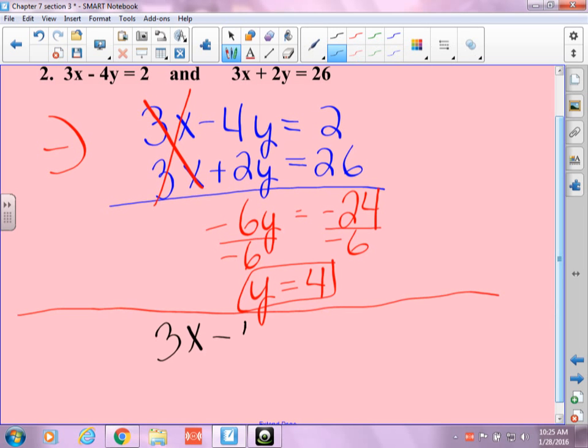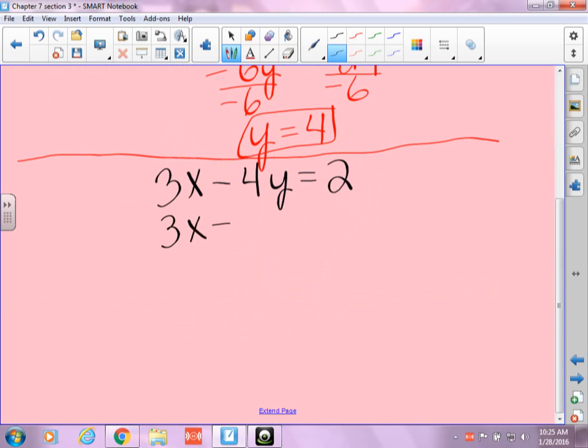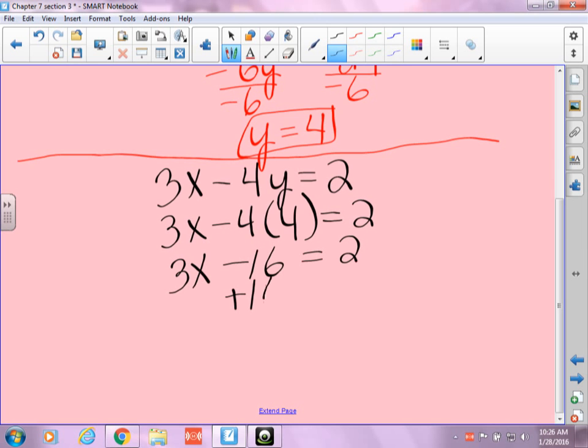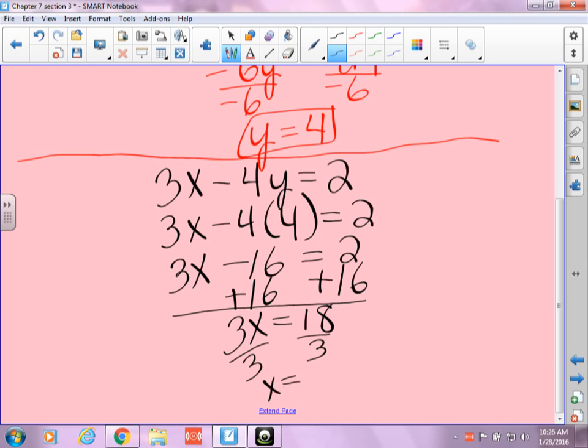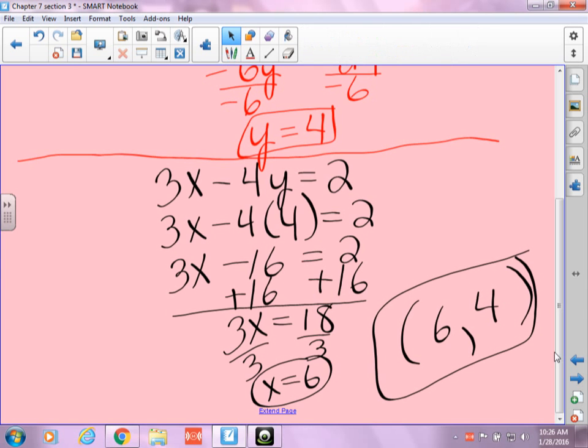I'm going to grab the first one just because. y equals 4, times 4 is equal to 6. Okay. So if you try the other equation, you got to put it in there and then multiply.